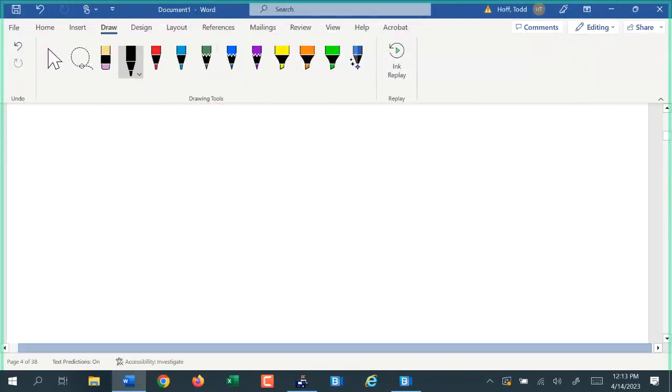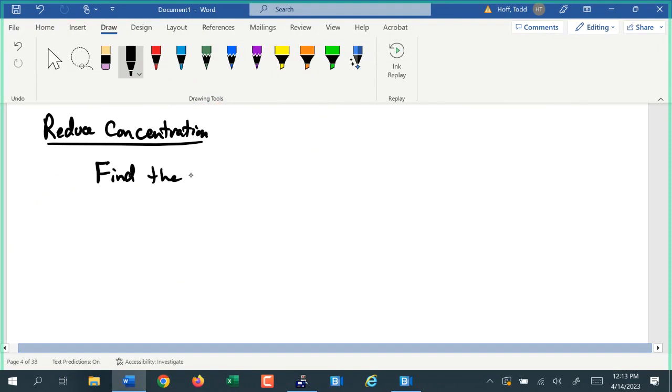Well, these dilutions could be used for a lot of things. One of them is to reduce concentration. So let's say that we have a solution that we want to find the new concentration of.